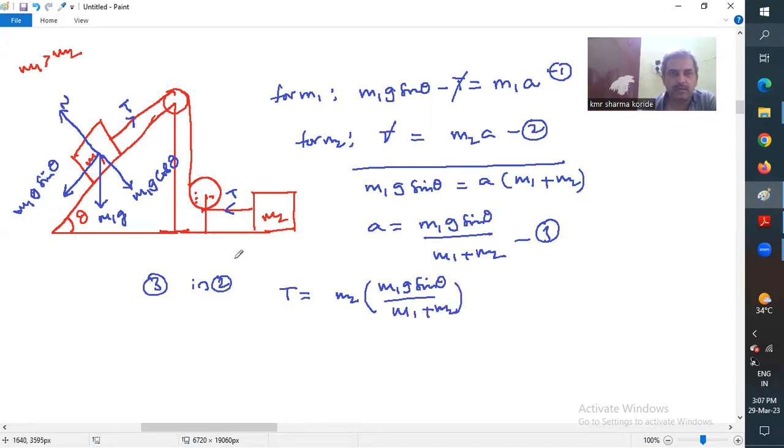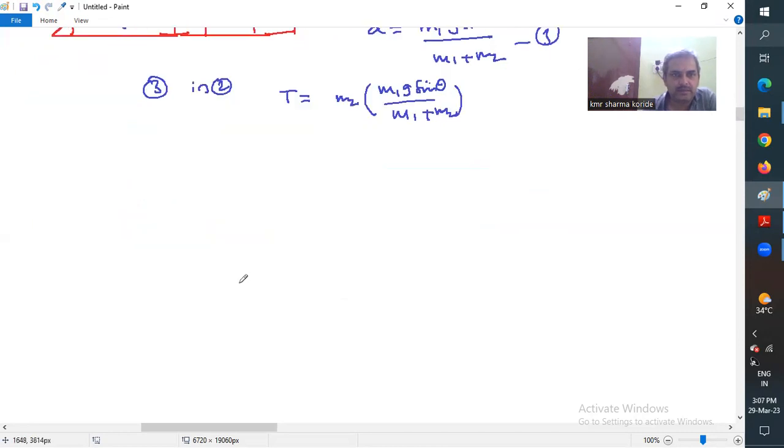Next, let us discuss another case. Say a body of mass m1 is on the horizontal surface, let us say on the table. This body of mass m1 is on the table, and there is a pulley here.